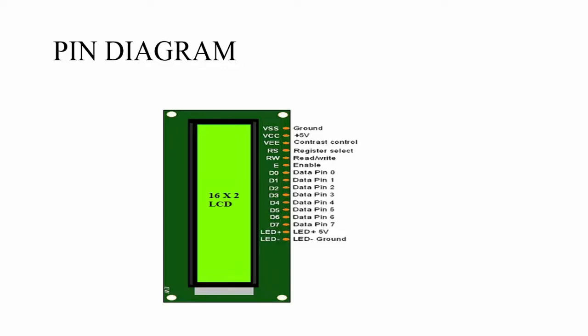Pin 5. Pin 5 is the read and write pin. This pin toggles the read and write operations and is also used to connect to the microcontroller. So 0 means it stays in write operation, and 1 means it gives read operation.